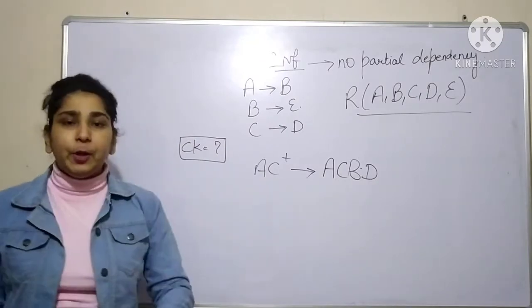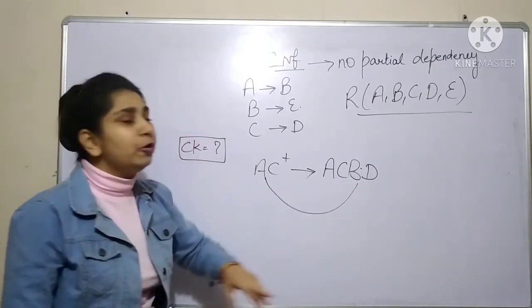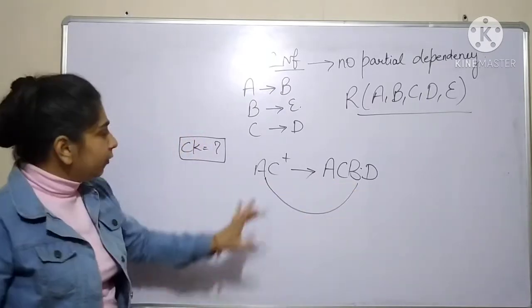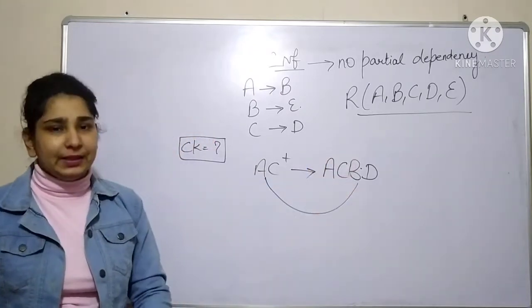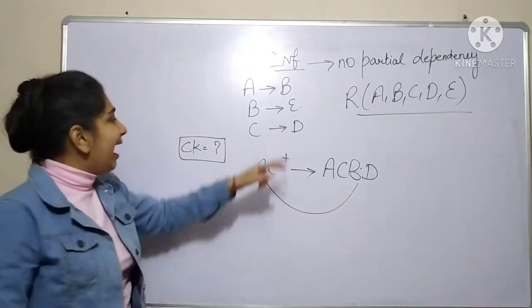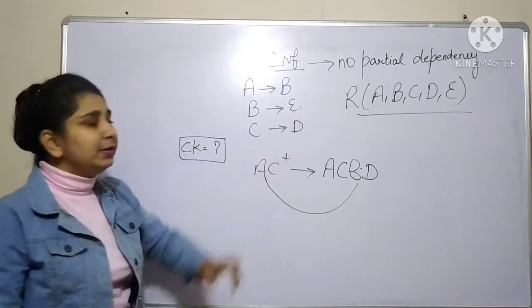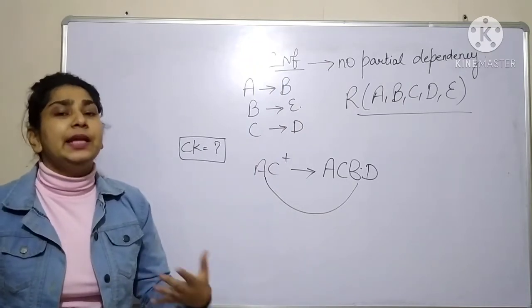With the values of attributes A and C, I am able to determine the value of attribute B. For one value of AC, I am getting one value of B, and for that value of B, I am getting only one value of E. So there is a kind of transitivity.